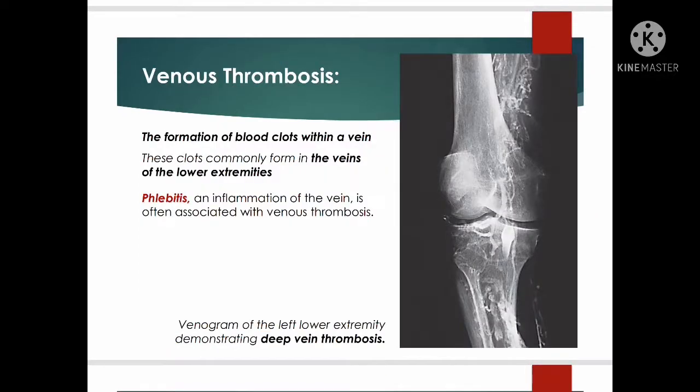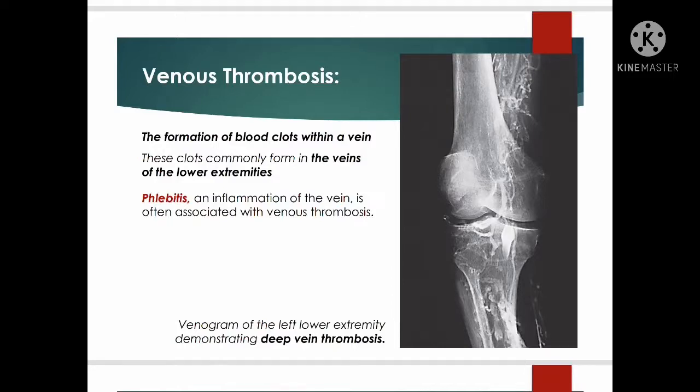Venous thrombosis is the formation of blood clots within a vein. These clots commonly form in the veins of the lower extremities, so it results in slowing of blood return to the heart. The contraction of leg muscles assists with venous blood return. Therefore, to prevent venous thrombosis for post-operative or bypass patients, it is important to place them in prone position.